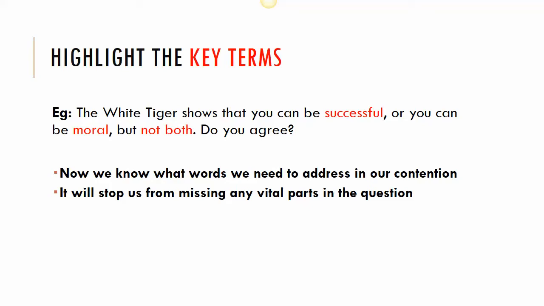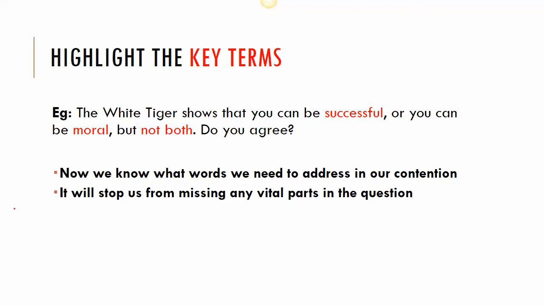Okay, so in this question I've written it out in my own handwriting, and then I've highlighted the key terms. Now these are the terms that make or break the question, so you highlight them so not only can you make sure that you address them all in your contention, but also so that you can ensure that you really understood the question and that you're going to use these words throughout.